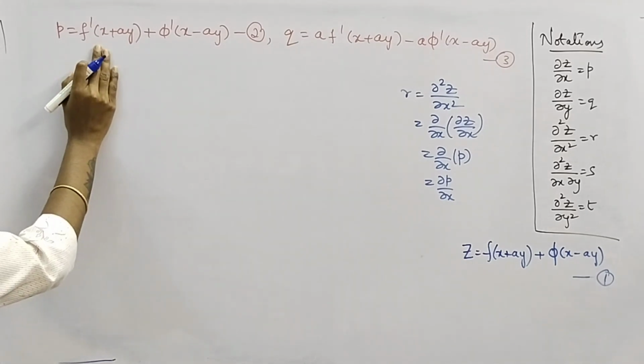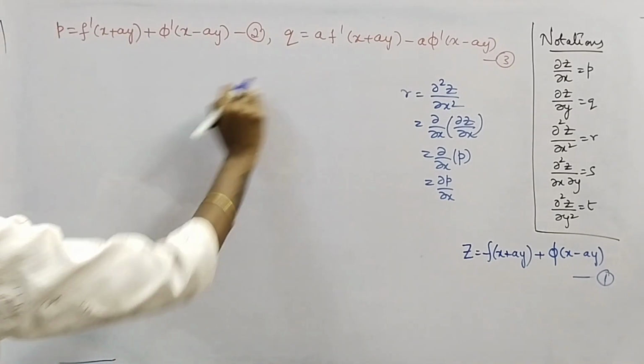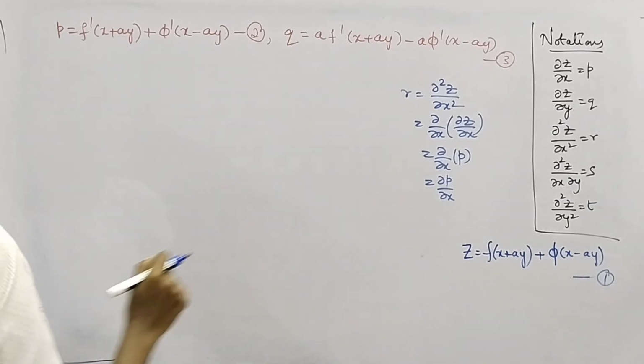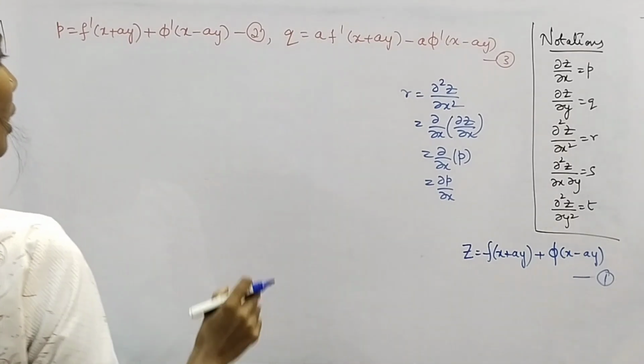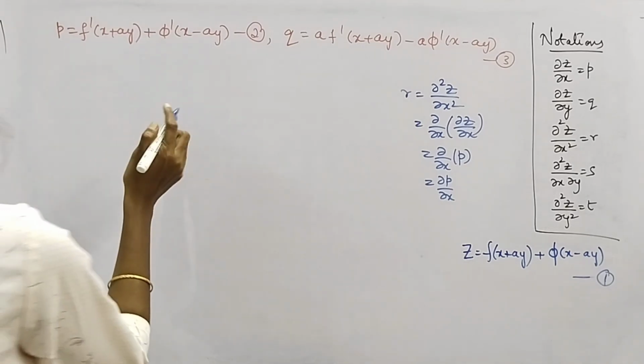Because this is the only equation that involves p and this is the only equation that involves q. Okay, fine. So in order to find r, we need an equation that involves p. So we'll pick the equation 2.